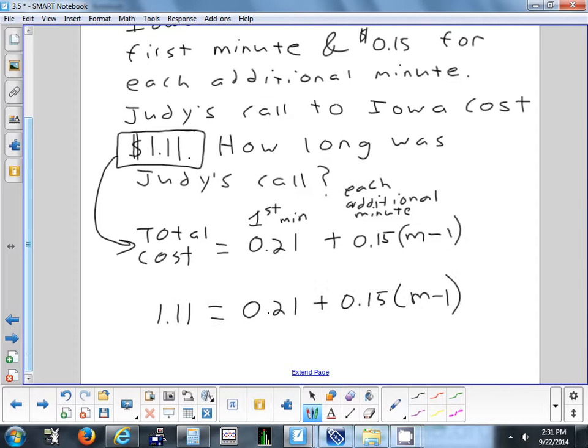But that's the tricky part right there, that m minus 1 in parentheses. So try to solve it. If you want to use a calculator, I would definitely recommend it. But this isn't even the hardest equation we've done today. There's no double distributive here. You only have to do distributive 1 time. So give that a shot.